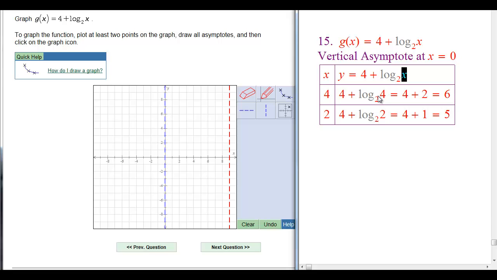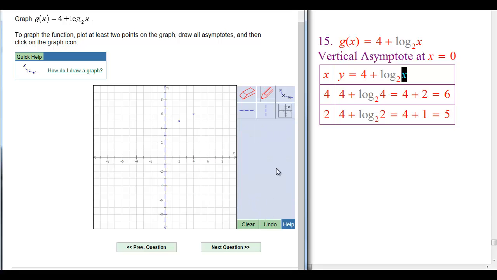We know that 2 to the second power gives you 4. So that's why this is 2. Log 4 base 2 is 2, because 2 squared is 4. Similarly, log 2 base 2. 2 to what power gives you 2, which is 1. So you have 4 plus 1, or 5. So those are your coordinates. So let's plot them and then connect.